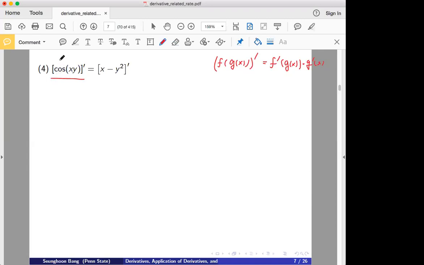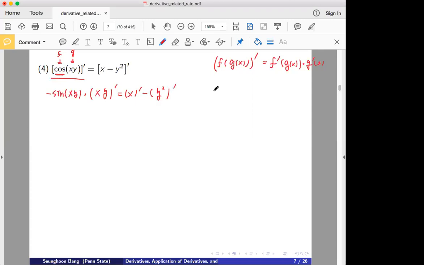So what's that? This one, cosine is like f, xy is like g. What's a cosine prime? Yeah, cosine prime is negative sine. We have negative sine of inner function xy times inner function prime equals here, this is x prime minus y square prime.